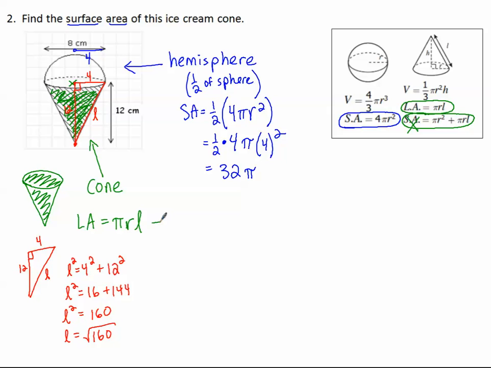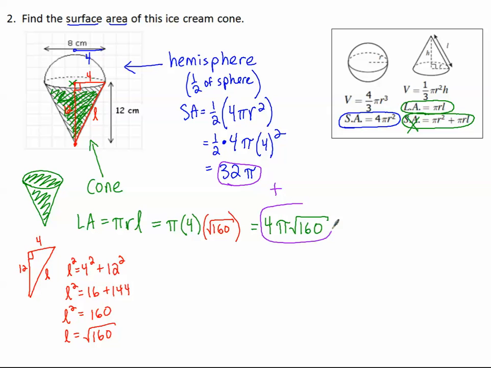So let's go plug this stuff into our formula. Pi, the radius is 4, and the slant height is the square root of 160. The best I can do for this lateral area is 4 pi square roots of 160. Now I can put these two together. So for my final answer, I'm going to take this plus this.